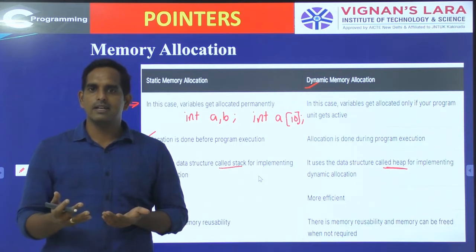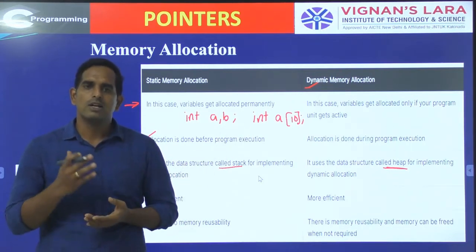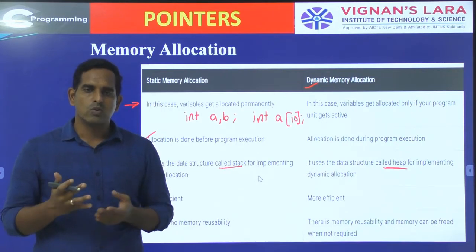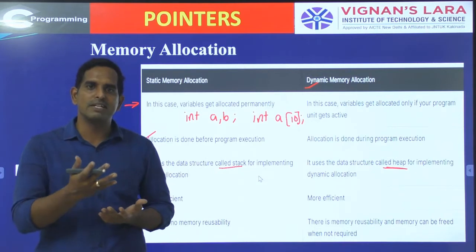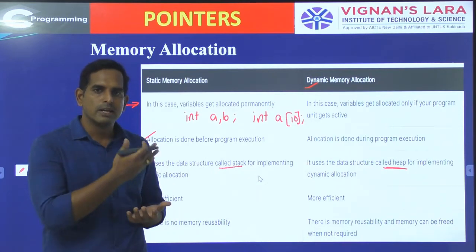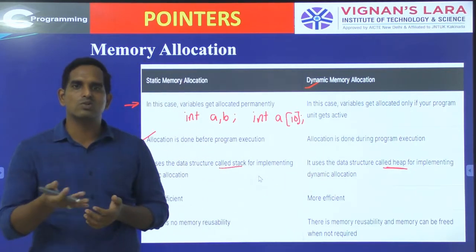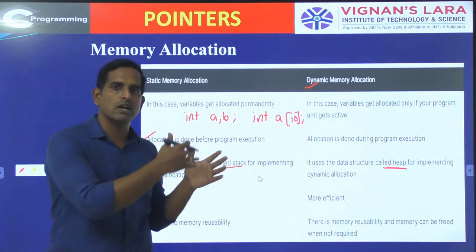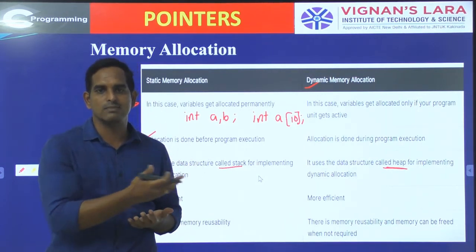So you cannot increase the size of the memory on the go, that is, during execution. Static memory allocation is done during development time when the developer is implementing the code. Dynamic memory allocation can be done during the execution of the program, when the application is actually in use at the customer side.